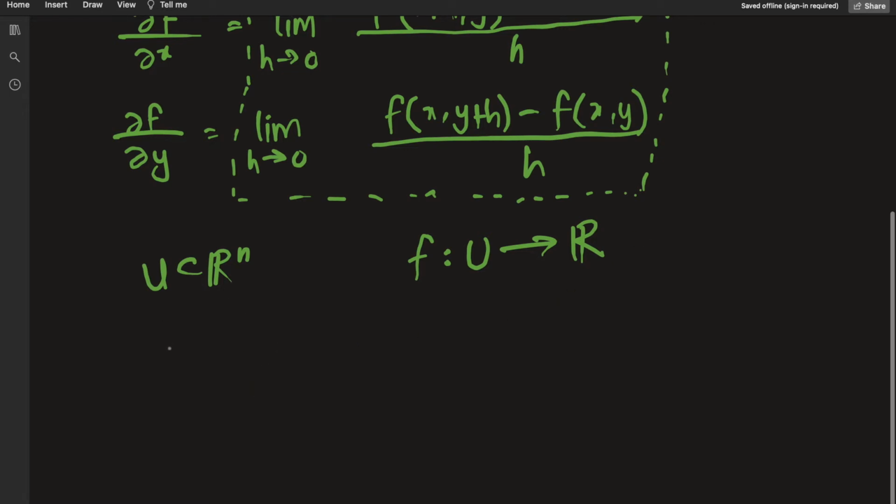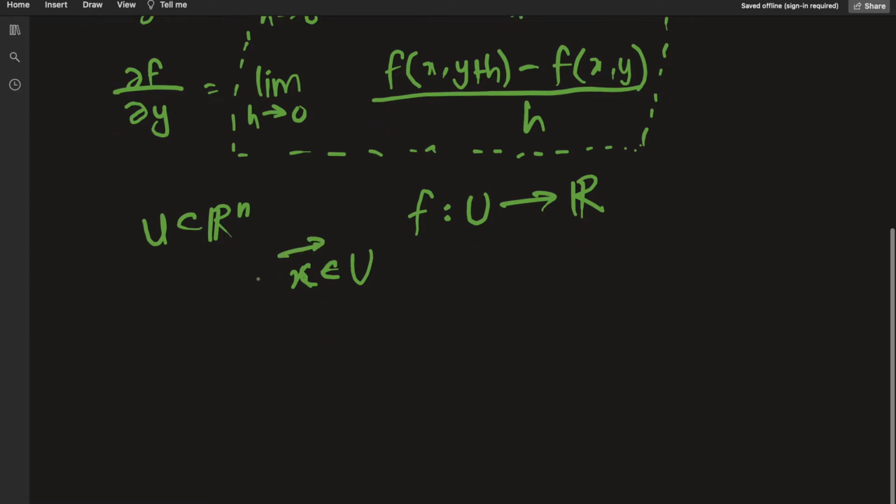So let's say we have x as a point inside U. You can think of x as a vector that has n components.